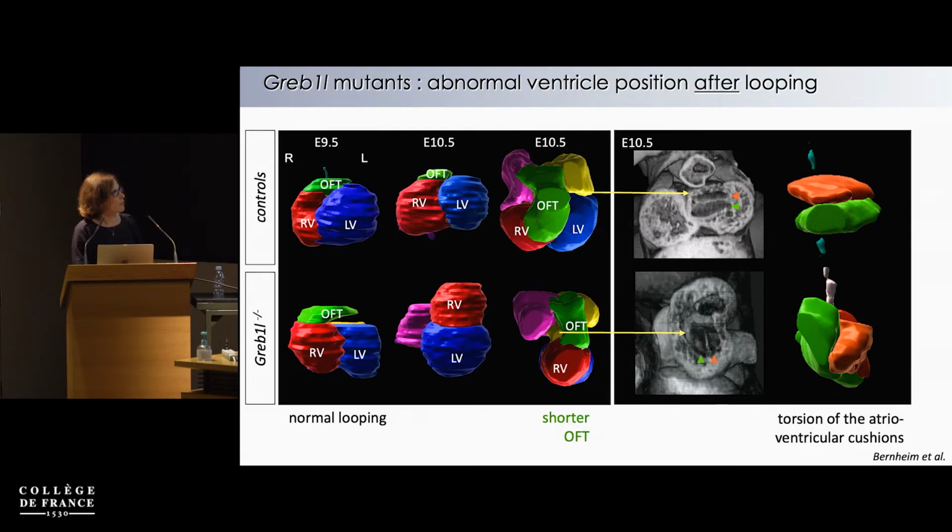But in the mutants, we found by 3D reconstruction that the cushions are now spiraling around one another, which is indicative of a torsion at the level of the atrioventricular canal.